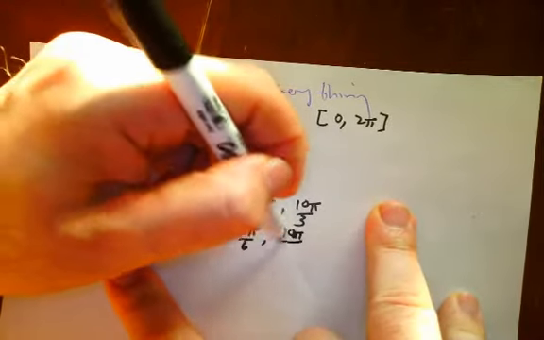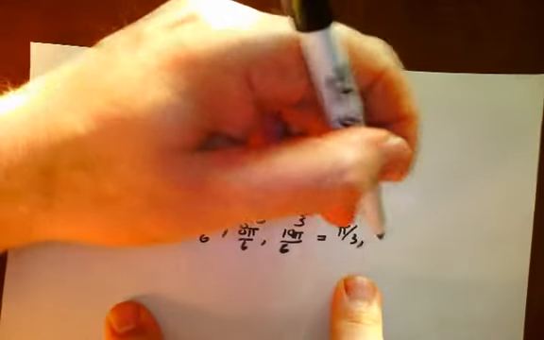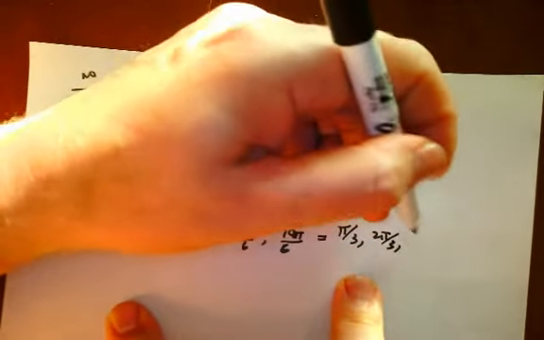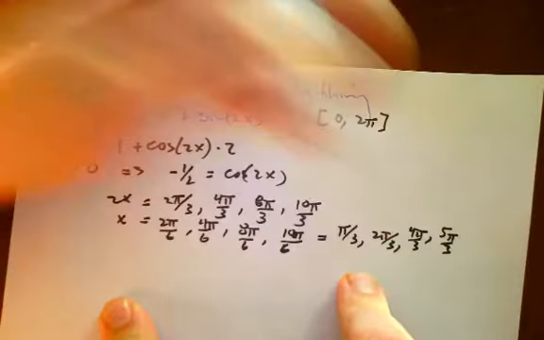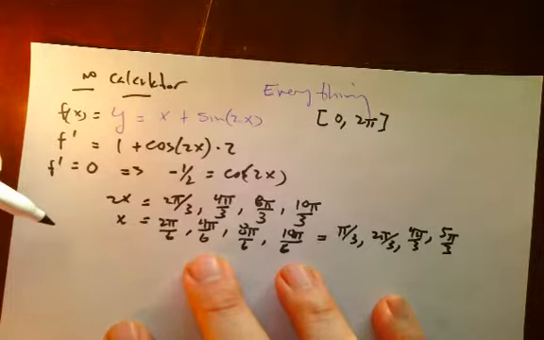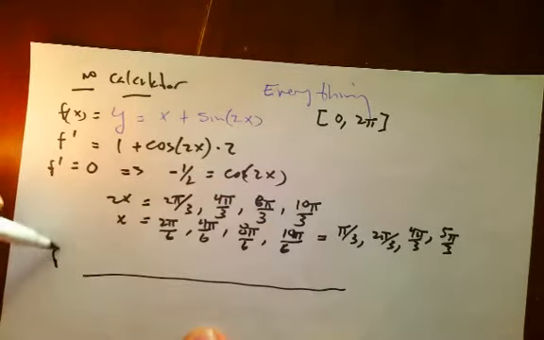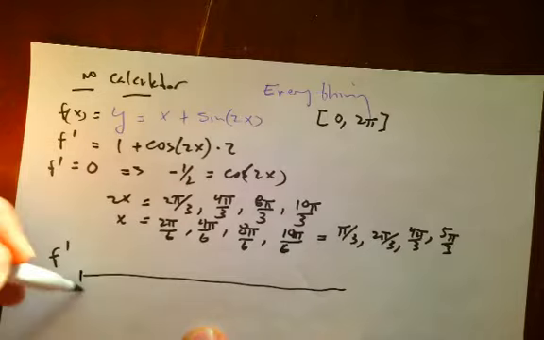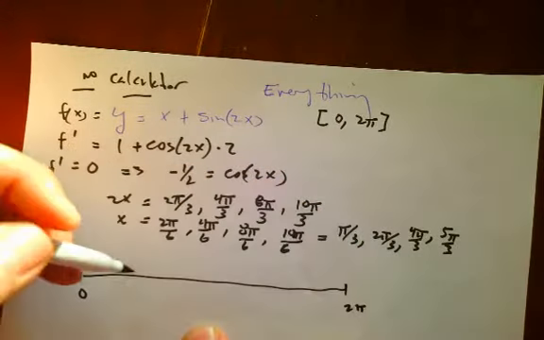But that would get me 2x, and I'm interested to know about x. And so that would be 2 pi over 6, 4 pi over 6, 8 pi over 6, and 10 pi over 6. Or pi over 3, 2 pi over 3, 4 pi over 3, and 5 pi over 3. Okay?